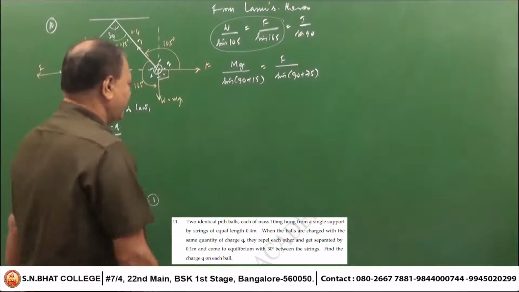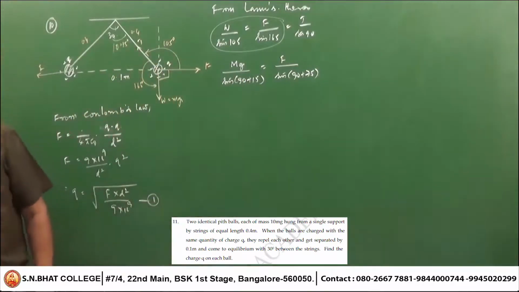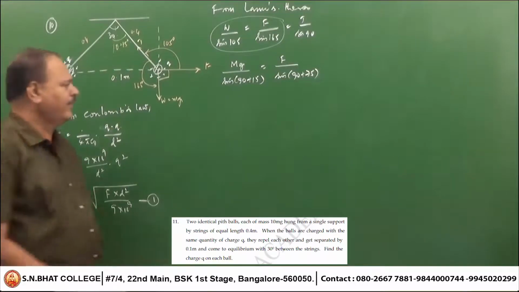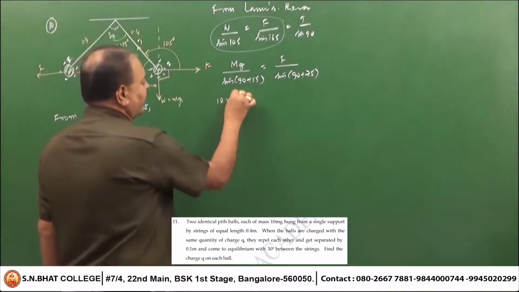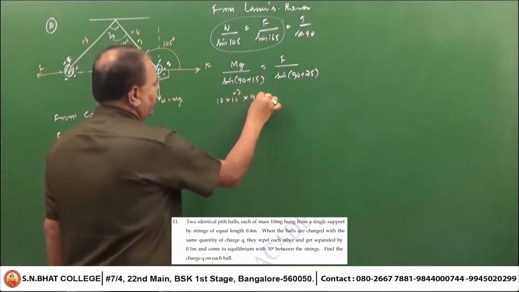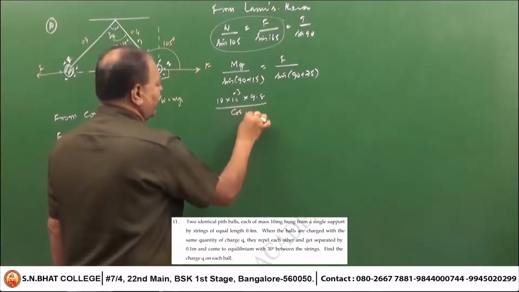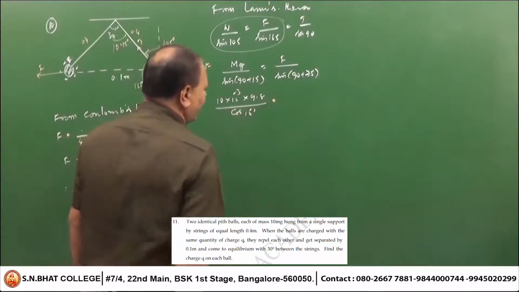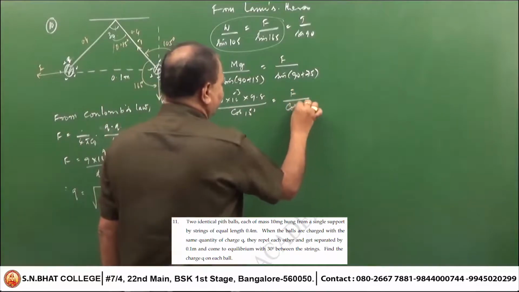Now what you have to do is M value you know. He has given the value of M. But the value of the mass is equal to 10 milligram and therefore it is 10 into 10 to the power of minus 3 into 9.8 whole divided by sine of 90 cos 15 it is. That's equal to F divided by this is equal to cos of 75 degree.